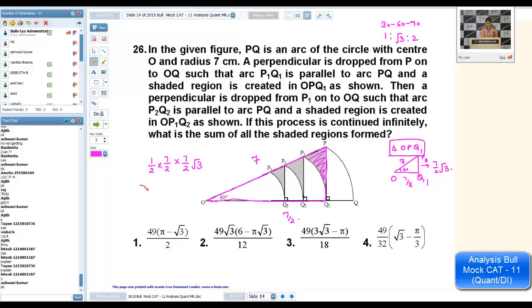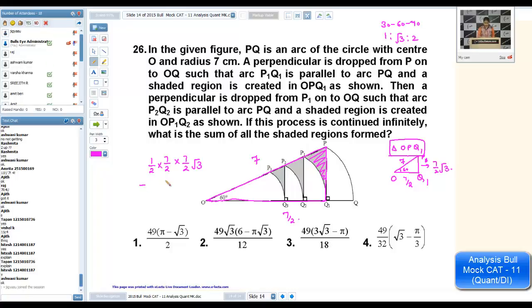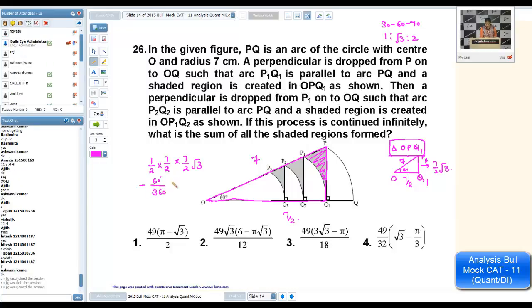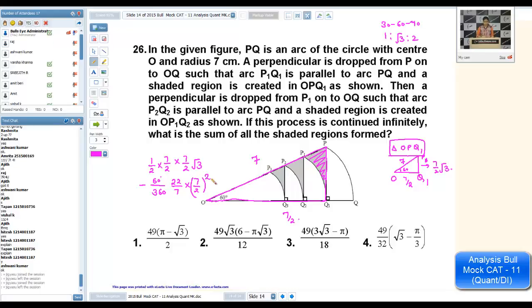That is the triangle area minus the arc area. The angle will be 60 degrees, so it will be 60/360 pi r square. Pi is 22/7. R is now 7/2. Now it will represent the pink shaded region.